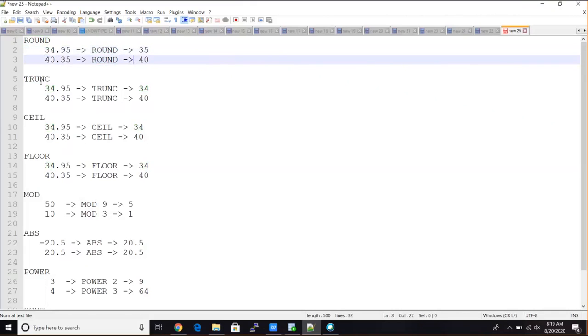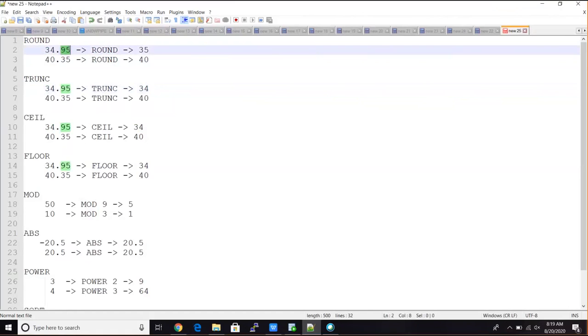Then I have another function called trunc. Trunc is basically truncate. Default truncate removes all the digits after the decimal. In round, we were looking at whether the value is nearer to a dollar or far from it.